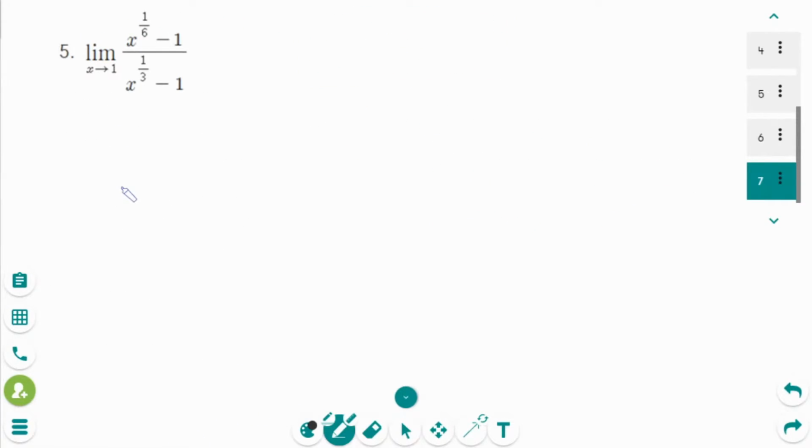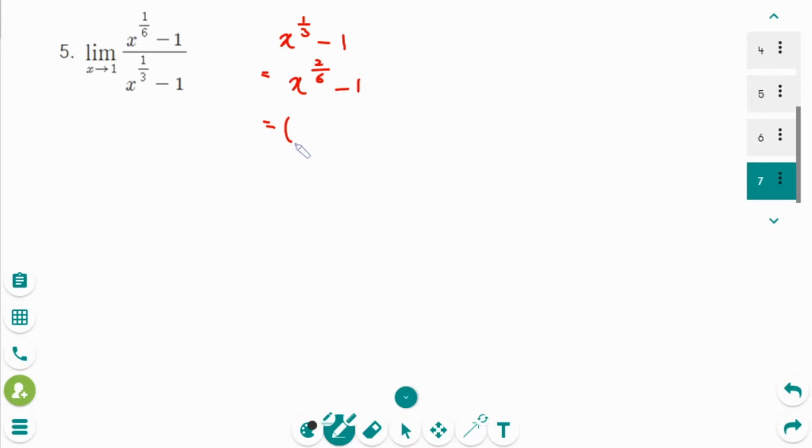The next question is this one. It is in the 0 over 0 form as x approaches 1. There are two ways to solve this question. Here is the first. The denominator, x to the power of 1 over 3 minus 1, can be rewritten as x to the power of 2 over 6 minus 1.